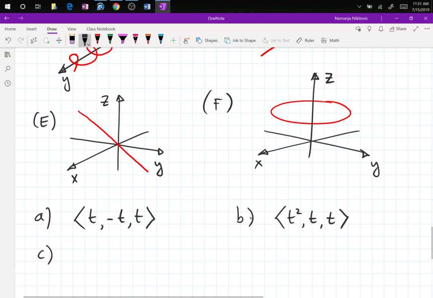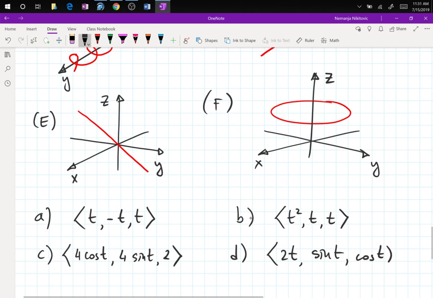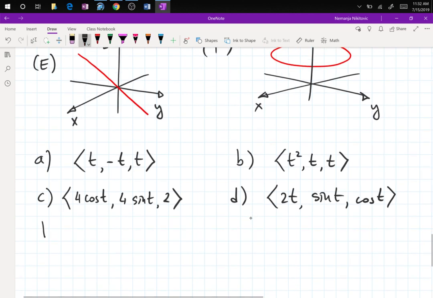Lowercase c, 4 cosine t, 4 sine t, 2. d, 2t, sine t, cosine t. So these are all spiky brackets because they're vectors.